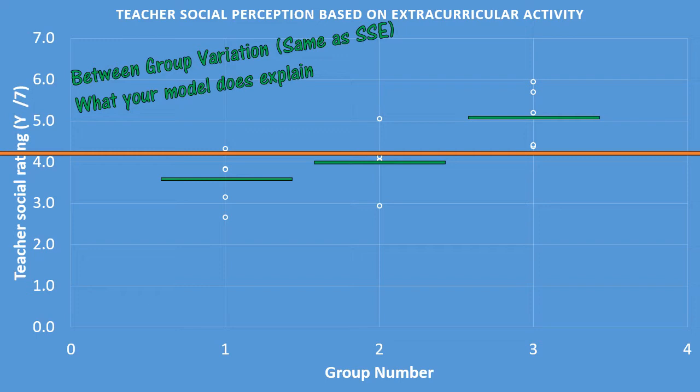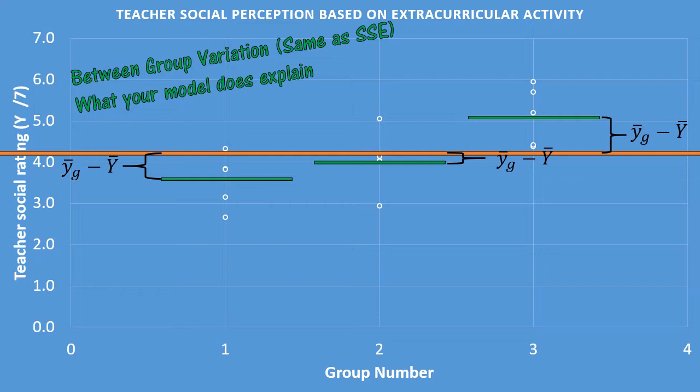The way you calculate your between group variation is you take the group mean minus the grand mean. So we're going to take just the deviations of these three groups, group 1, group 2, and group 3, from the grand mean. How far does the group mean deviate from the grand mean? That's what we're looking at.